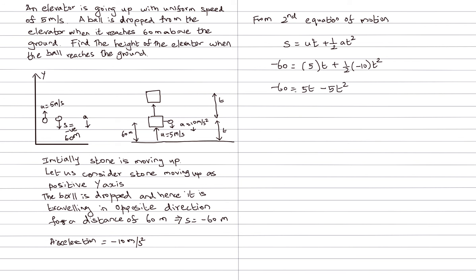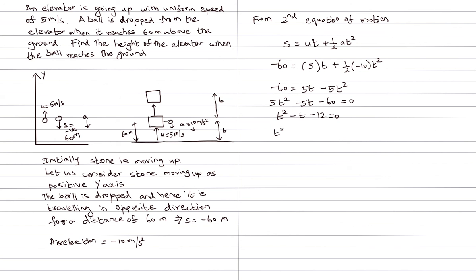Let's bring all the terms to the left hand side. So it is plus 5t square minus 5t minus 60 is equal to 0. We can divide the whole term by 5. So it will be t square minus t minus 12 is equal to 0. So if we multiply two terms, we have to get minus 12, and if we add those two numbers, we have to get minus 1. We are factorizing.